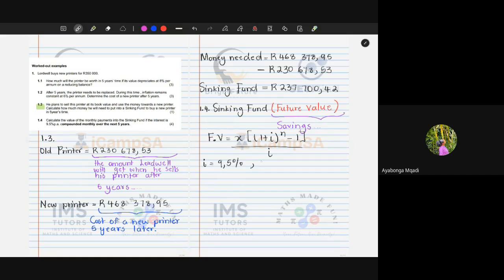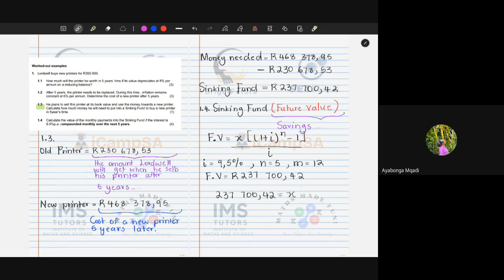And remember that we are working with an n value of 5 years and a compounding period of monthly. And our future value for our problem is equal to our sinking fund, which is 237,700.42. So we can now go ahead and substitute this and see what we obtain as x.